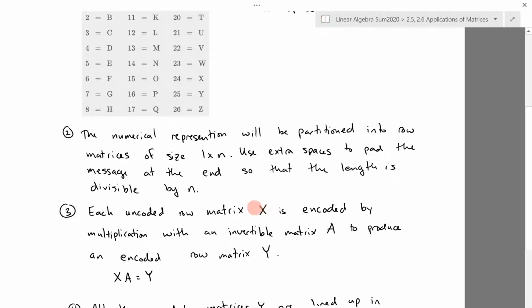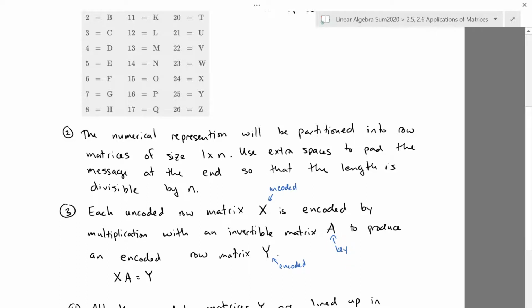So now the uncoded matrices have the proper size to do the matrix multiplication. X represents the uncoded message, Y is the encoded message, and A is the key.